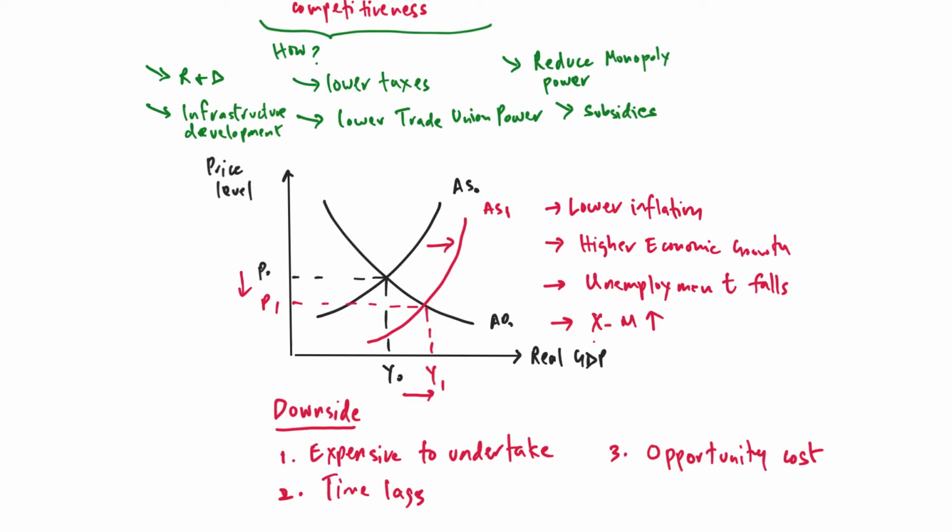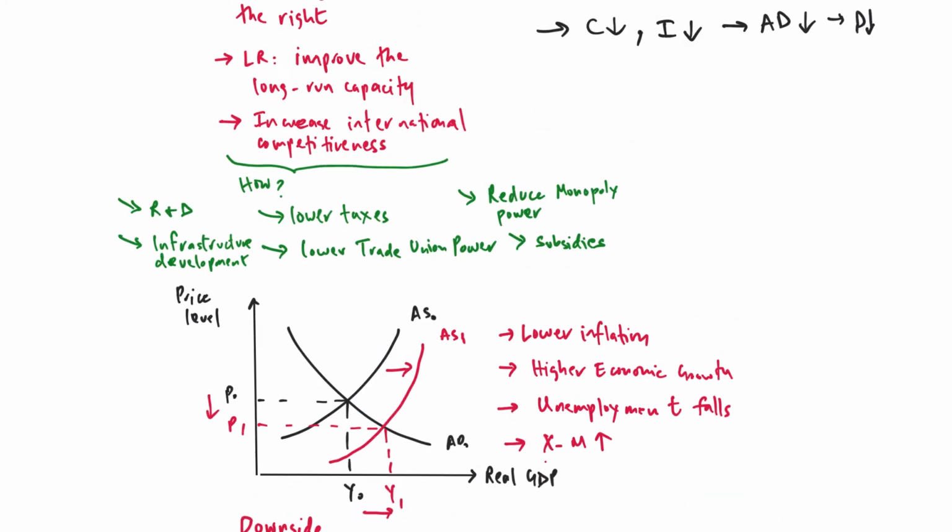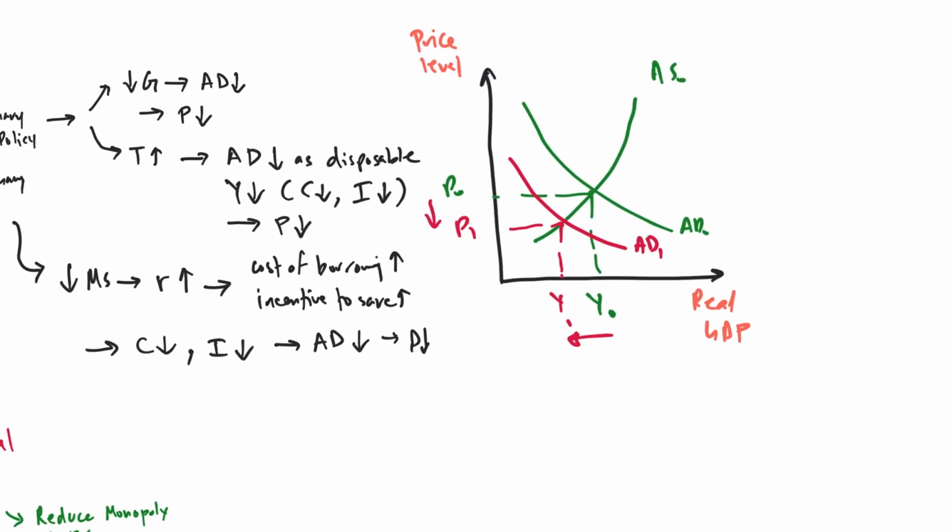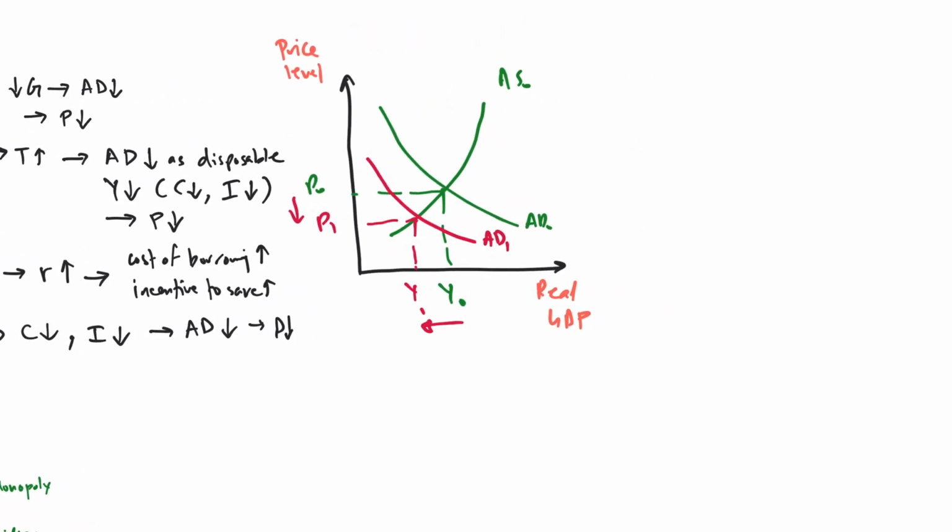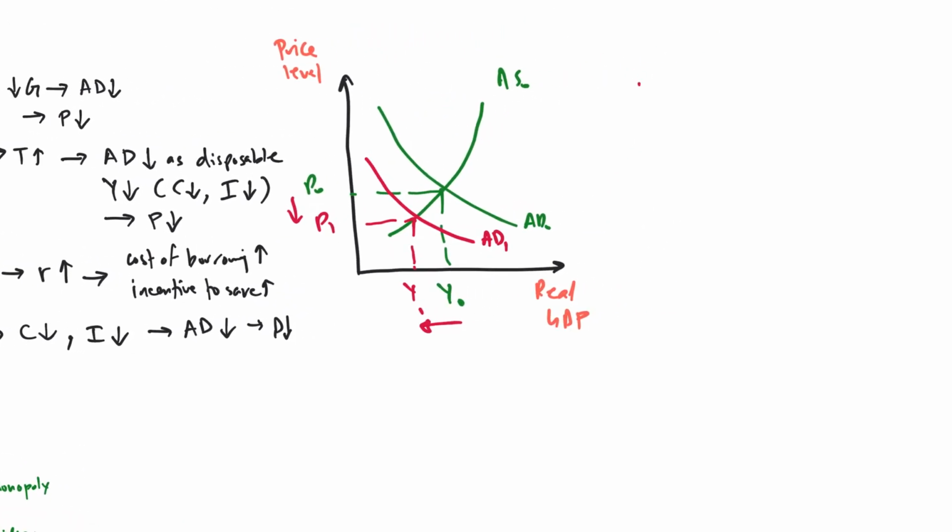But the fact that they do not have any macroeconomic trade-offs, they are very desirable. I want to go back quickly to look at this diagram from when we were doing demand side policies. Look at the demand side policies' downside. The biggest downside of demand side policies is this: there is a conflict in terms of policy goals.